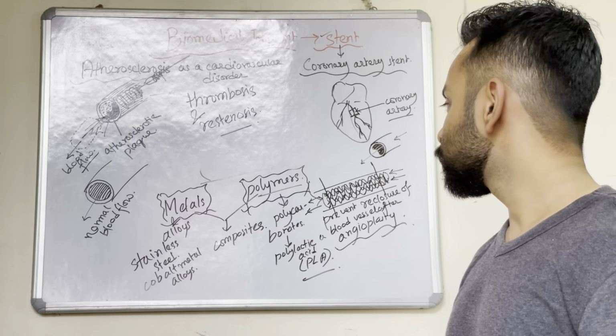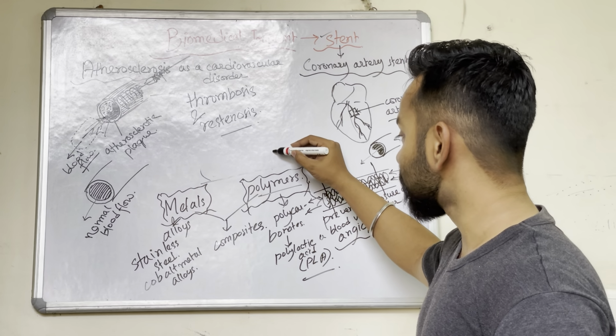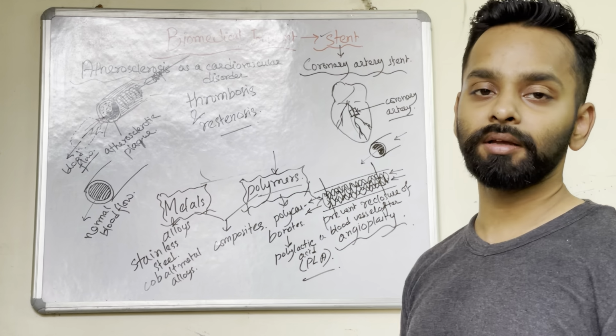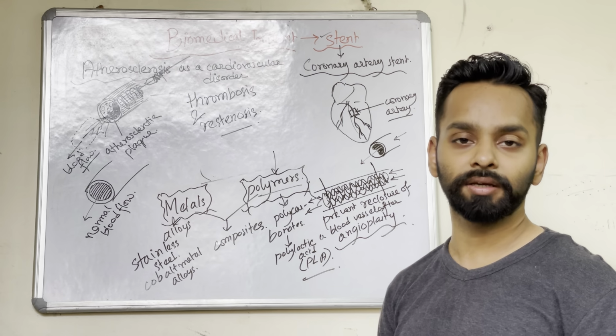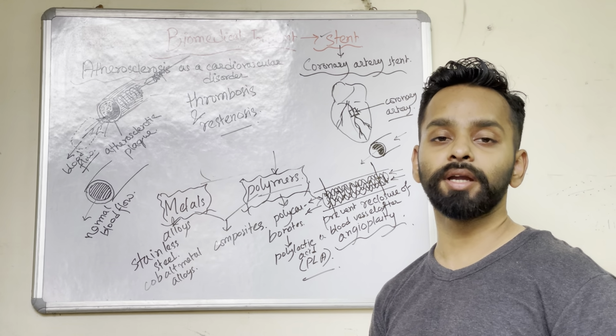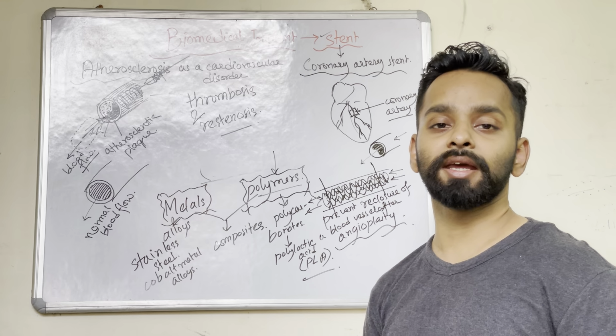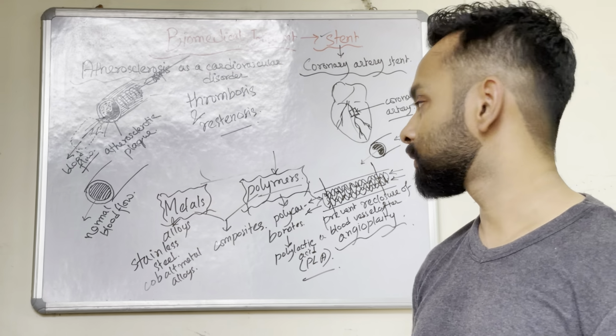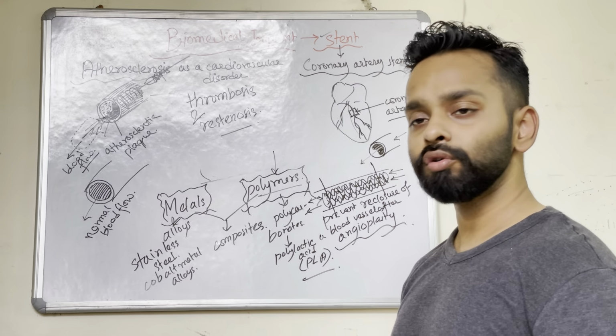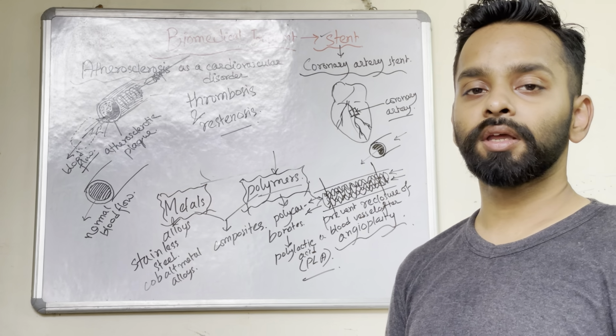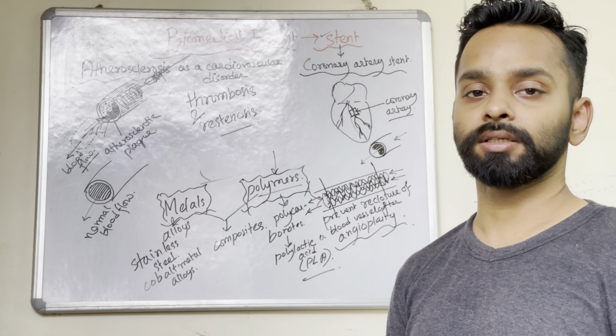So scientists started investigating different polymeric materials which could be used as suitable alternatives to metals as stent fabricating materials. Most of the polymers which are used are biodegradable in nature.